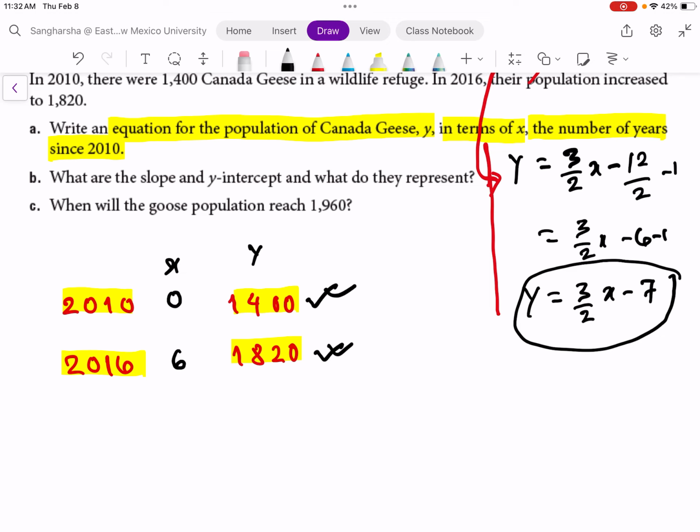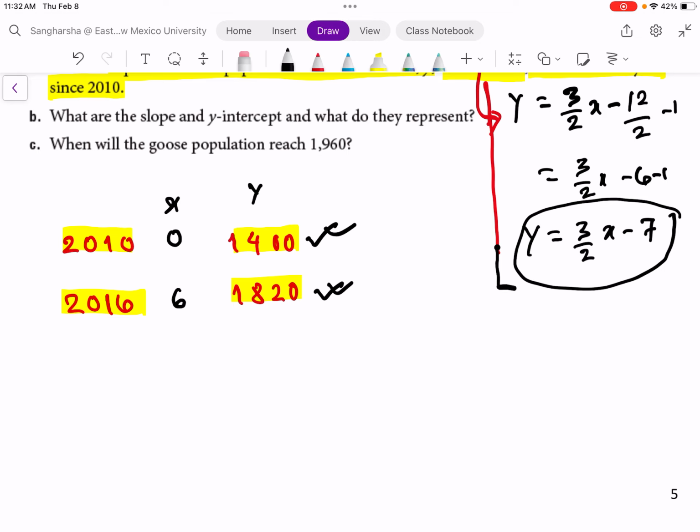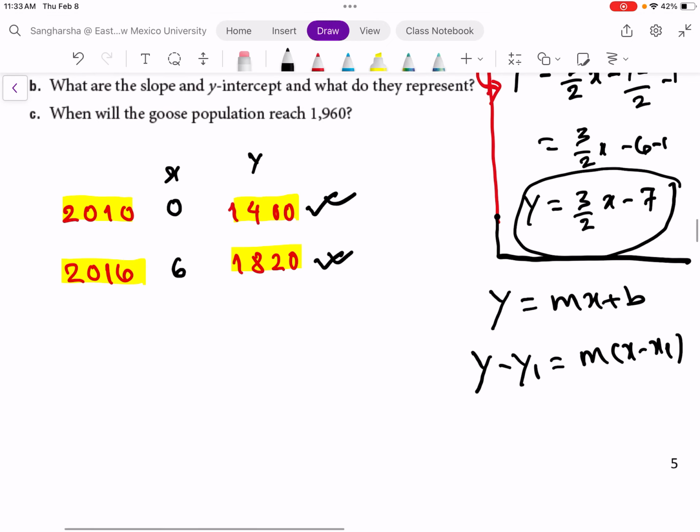There are always two options. The first is the slope-intercept form, y equals mx plus b. The second is the point-slope form, y minus y1 equals m times x minus x1. Every time you are asked to write an equation, these are the only two options you're going to use. Now let's take one each. At what condition can we use slope-intercept form? If we know the slope and the y-intercept.